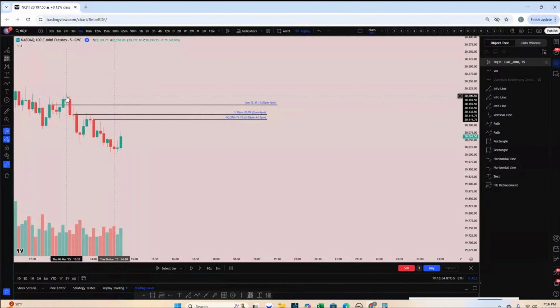These people were the initial shorts. They came down, took profit, reloaded, came down. So now they are who I'm looking to take out if I'm going long.